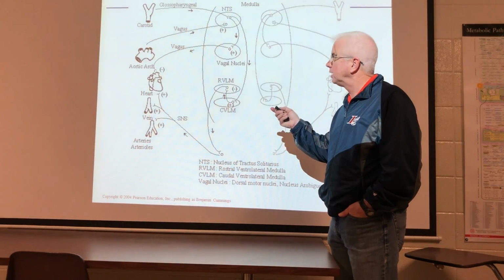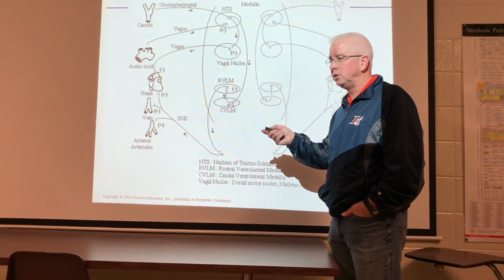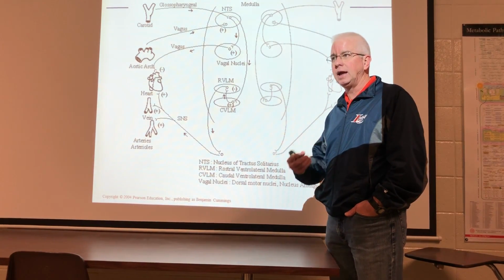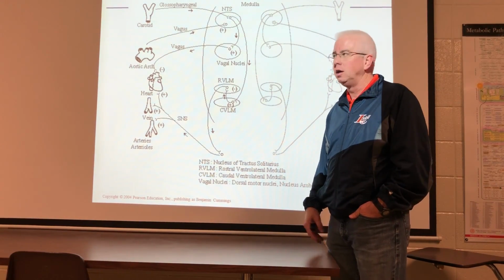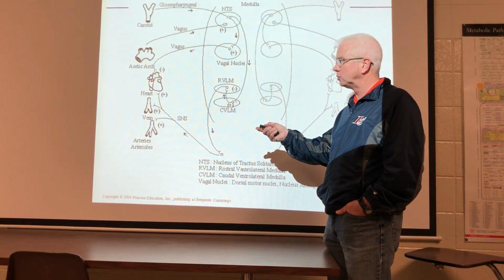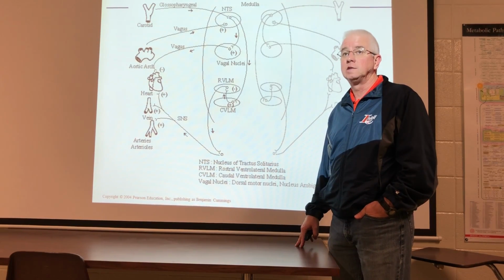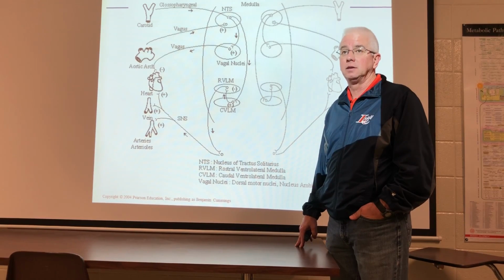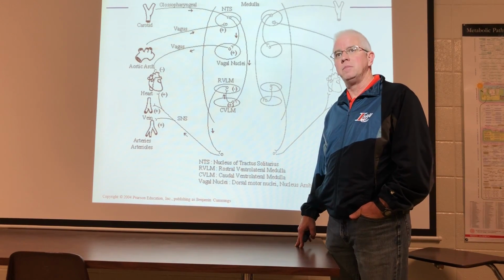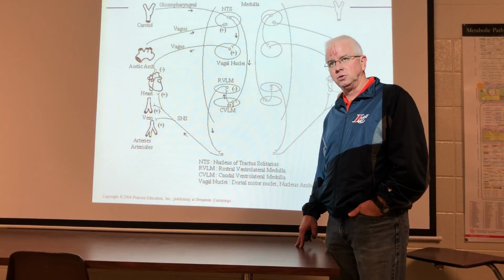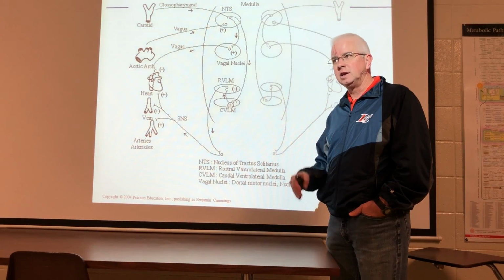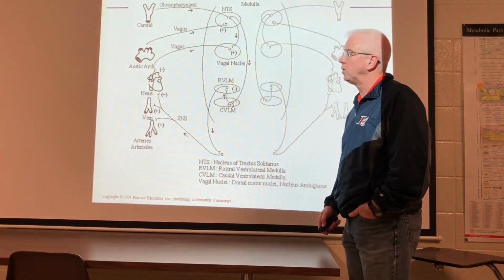And so this preganglionic vagal output here is going to synapse with ganglion cells at the heart. And then the postganglionic fibers are going to influence the heart, specifically heart rate. The vagus slows the heart rate down. So the vagal nuclei of the medulla send this information to slow down the heart.